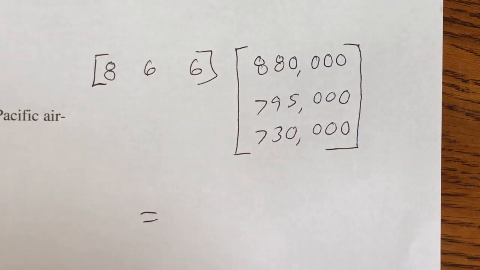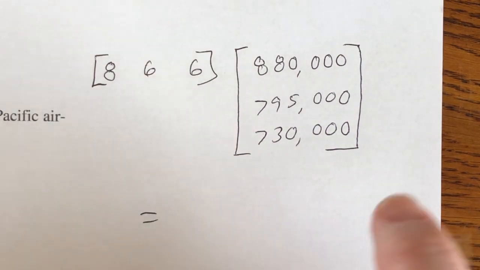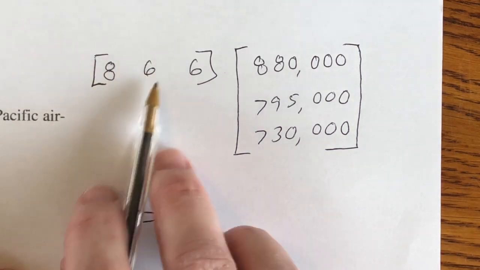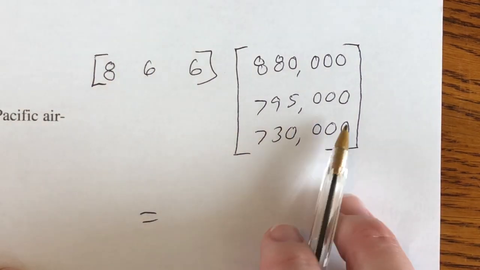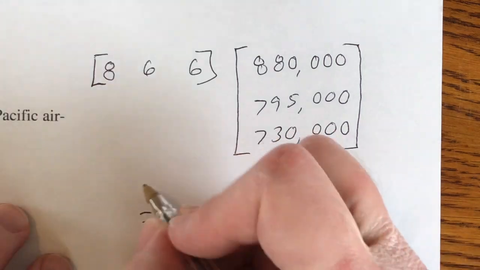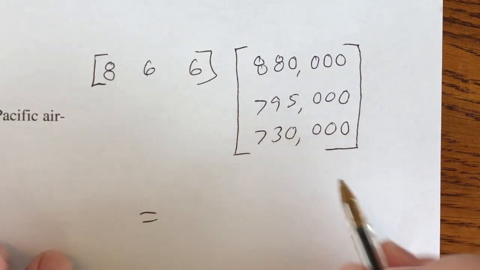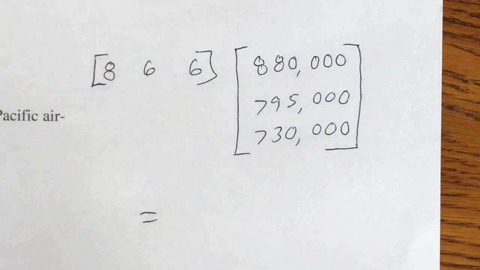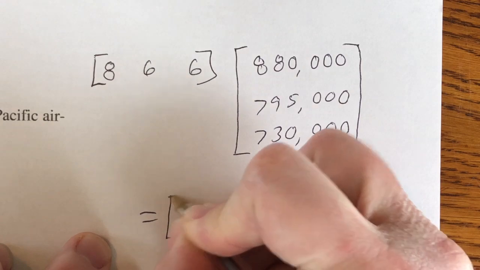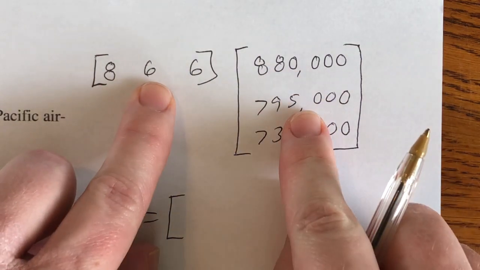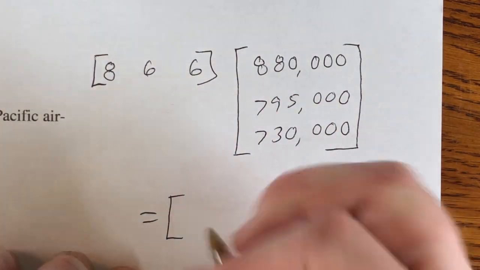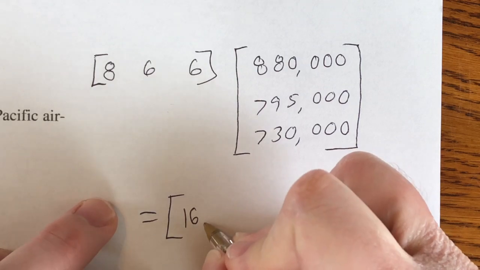Note, you just get one answer. You get one answer because this is a 1 by 3 times a 3 by 1. The outermost values are going to be representative of the size of the product, so it's going to be a 1 by 1. And so when you do that, this times this, plus this times this, plus this times this, you end up with this result.